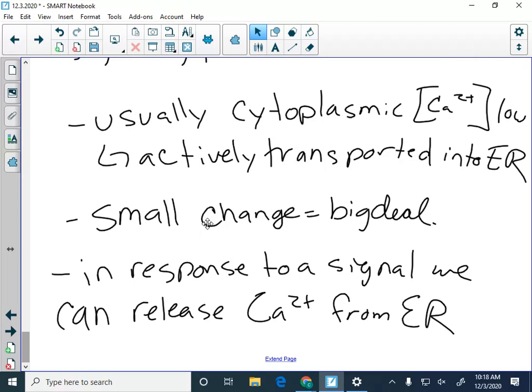So, just like our signal receptors can trigger the enzyme that converts ATP to cAMP, a signaling molecule can trigger the release of calcium ions, which can do a myriad of things. That's all I have for you for transduction.